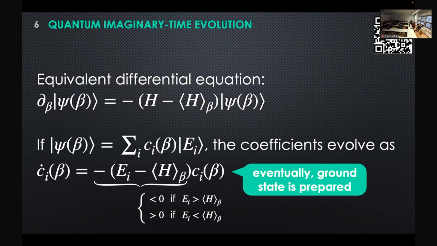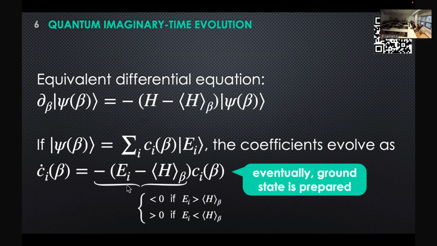If you write your state as a superposition of energy eigenstates, you can observe that as a result of this evolution, the coefficients of your energy eigenvectors will get suppressed by this negative exponent when the eigenvalue of that energy is higher than the average energy.